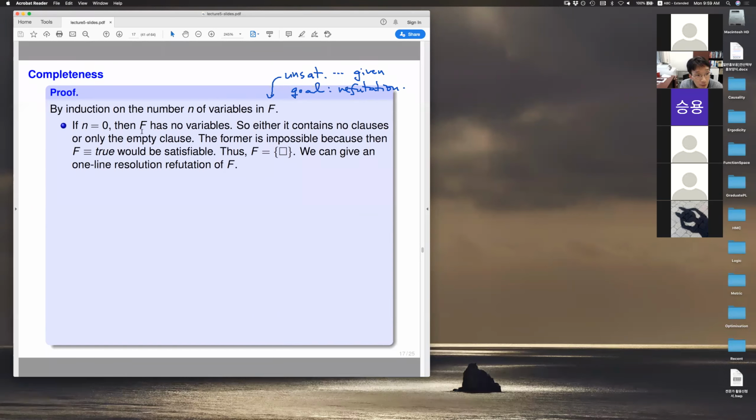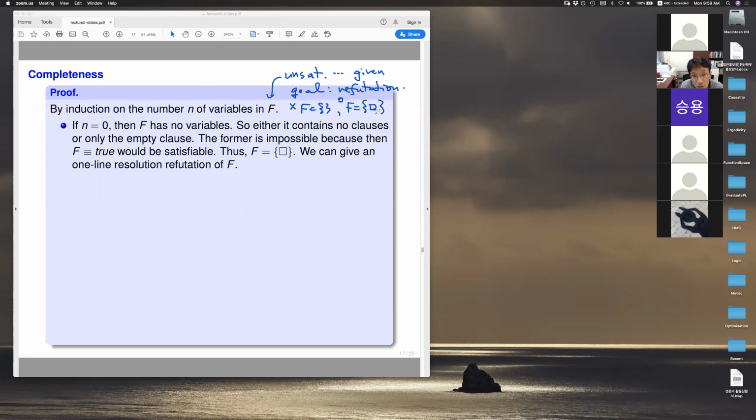Either F itself is an empty set, or it contains only one empty clause, that is, F is equal to box. Because F is unsatisfiable, the first case cannot happen, because the empty set is always satisfiable. Only the second case can happen.